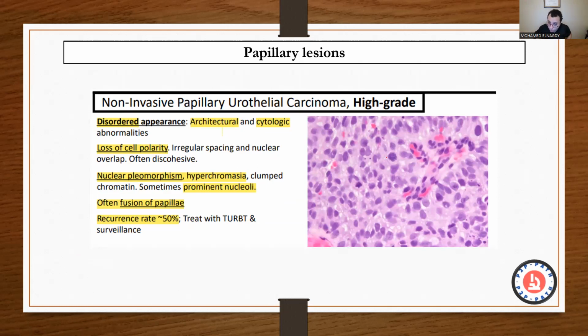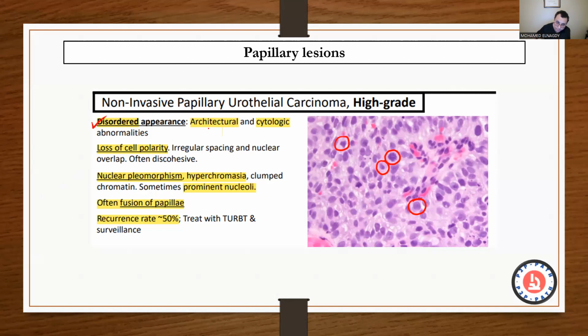And see how pleomorphic the cells are here. This cell doesn't look like this cell, and they both don't look like this cell. It's significant pleomorphism, loss of organization, prominent mitosis. This is high-grade papillary urothelial carcinoma.